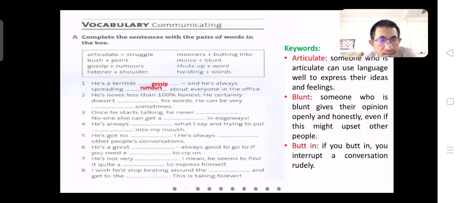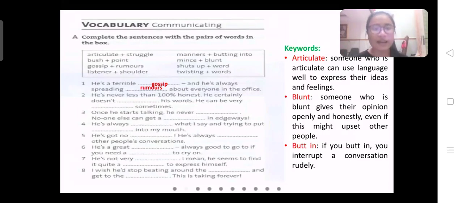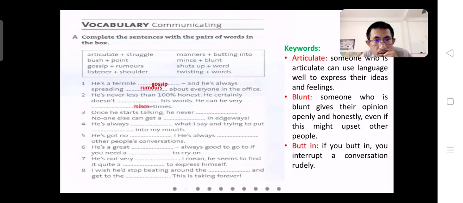So this is the answer of number one. Let's move to number two. He's never less than 100% honest. He certainly doesn't mince words.